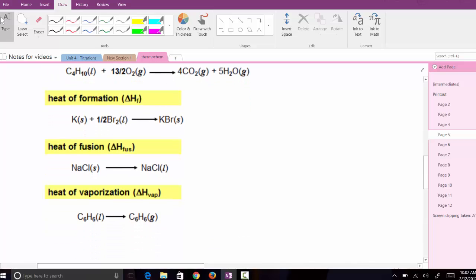Likewise, heat of fusion. I think we've mentioned fusion before, but just as a reminder, fusion is melting. So a heat of fusion is the energy required to melt 1 mole of that substance. And likewise, heat of vaporization is the energy needed to vaporize 1 mole of that substance.